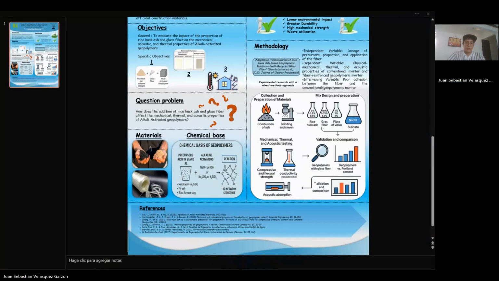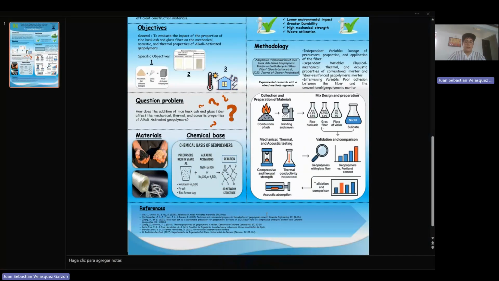Hydroxides, NaOH or KOH, sodium or potassium hydroxide, and alkali silicates, Na2SiO3 or K2SiO3, sodium or potassium silicate.